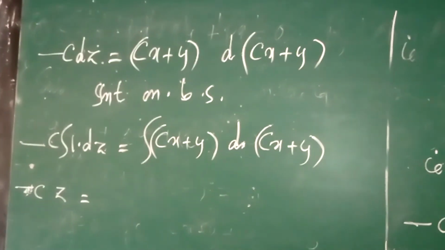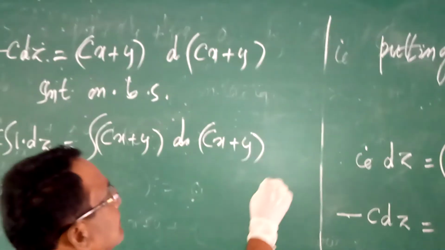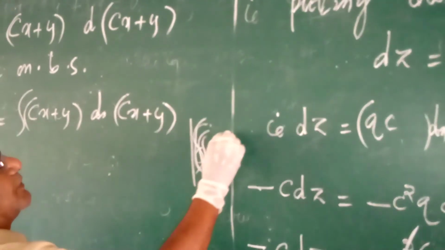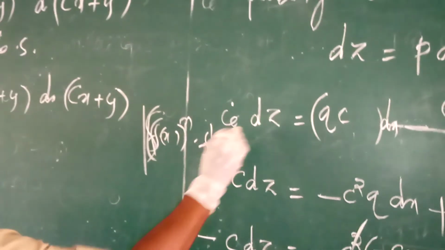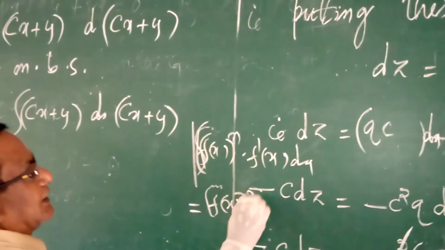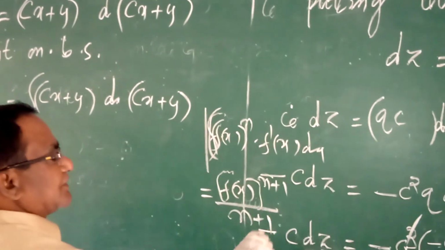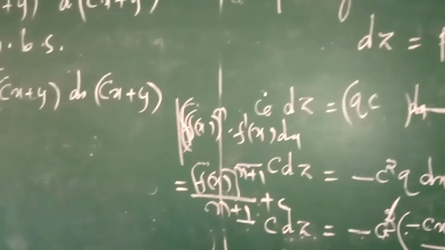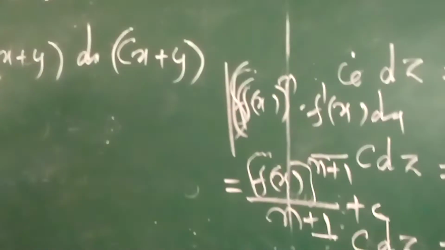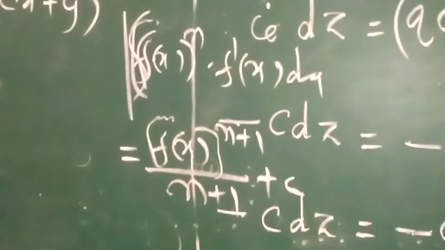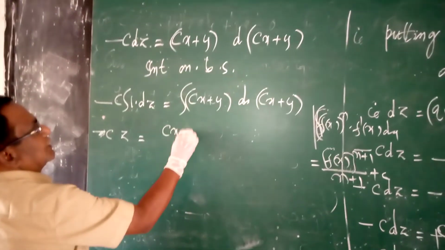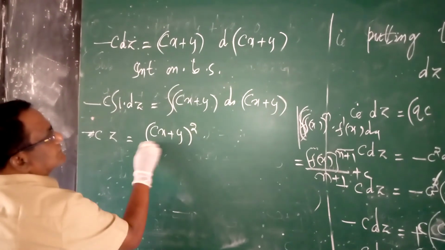It is of the type integration of f(x) whole to the power n into f dash x dx, which is equal to f(x) whole to the power n plus 1 divided by n plus 1 plus c. Here n is equal to 1, so using this formula, it is Cx plus Y whole square divided by 2.